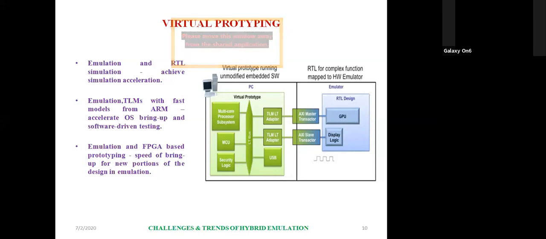The emulation FPGA based prototyping speeds up the bring up of new portions of the emulation. For example, when you want to start from scratch with a Zedboard or Zynq board, you have an RTL design on your FPGA, and you have to boot up your USB, everything. Xilinx provides certain libraries in the SDK.